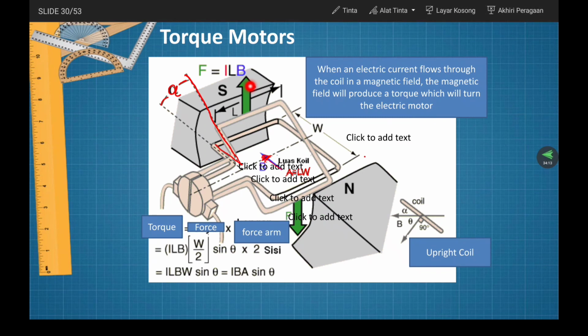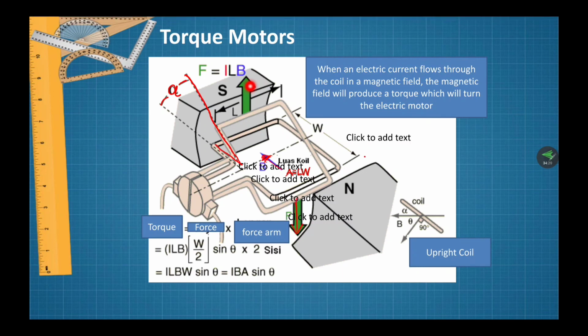Then we can calculate the torque, which equals the force. The force is at the bottom, multiplied by the force arm, which equals B I L dot W per 2 sin theta, multiplied by 2 sides or 2 phases.